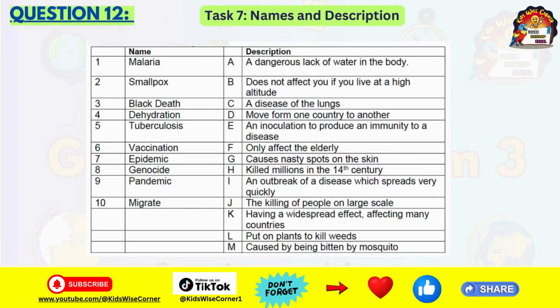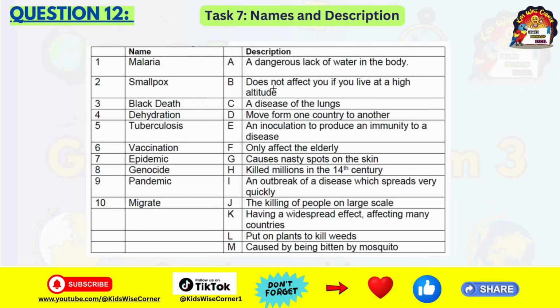Names and descriptions. We've got malaria, smallpox, Black Death, dehydration, tuberculosis, vaccination, epidemic, genocide, pandemic, and migrate. The descriptions we have: A, a dangerous lack of water in the body.